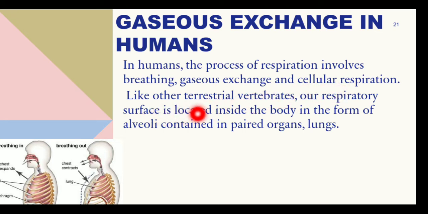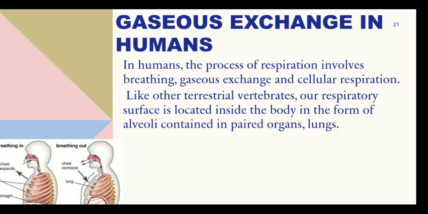Like other terrestrial vertebrates, vertebrates are those animals that have a vertebra, that is the spinal cord, and terrestrial means land animals. Like other terrestrial vertebrates, our respiratory surface is located inside the body in the form of alveoli contained in paired organs, lungs.